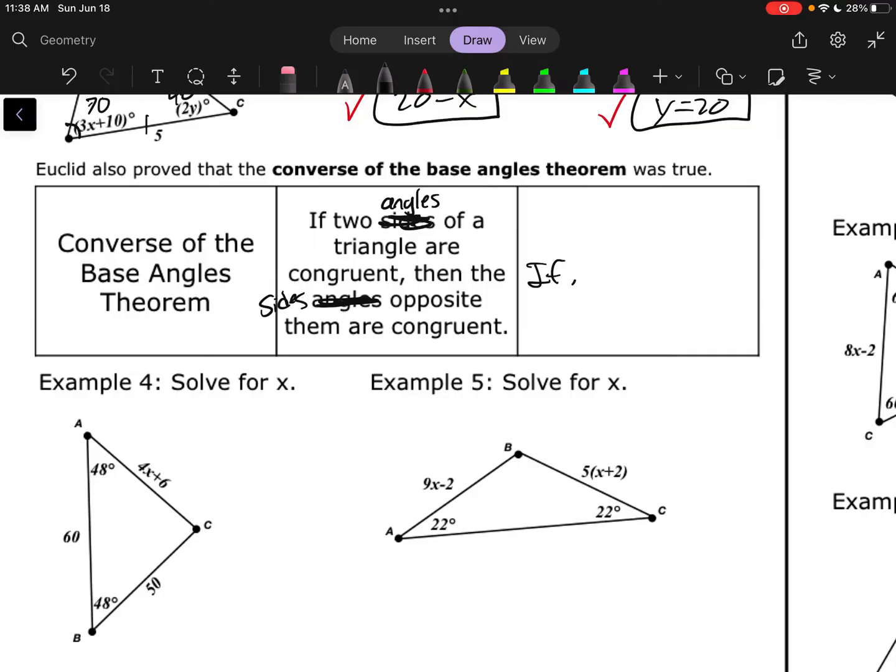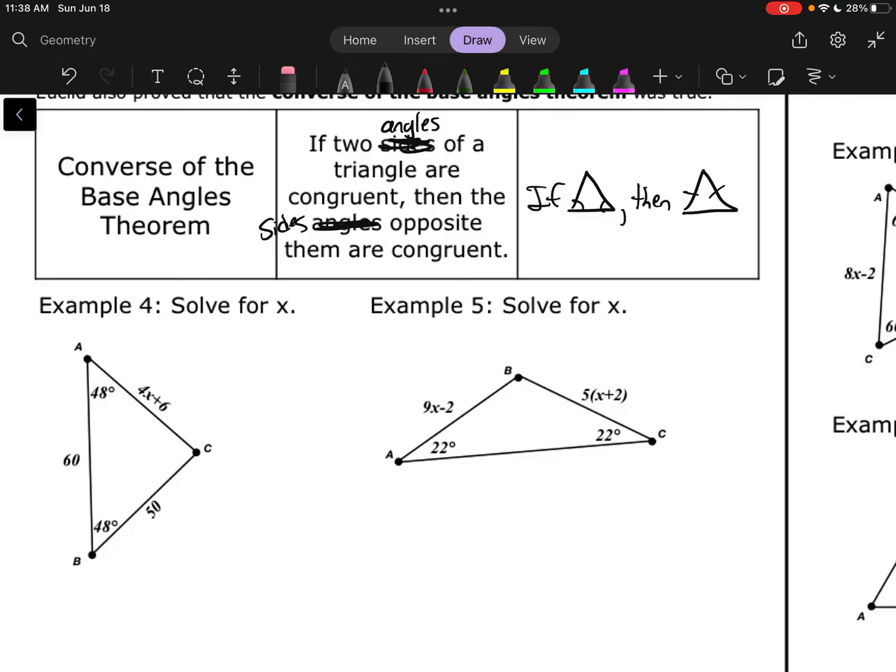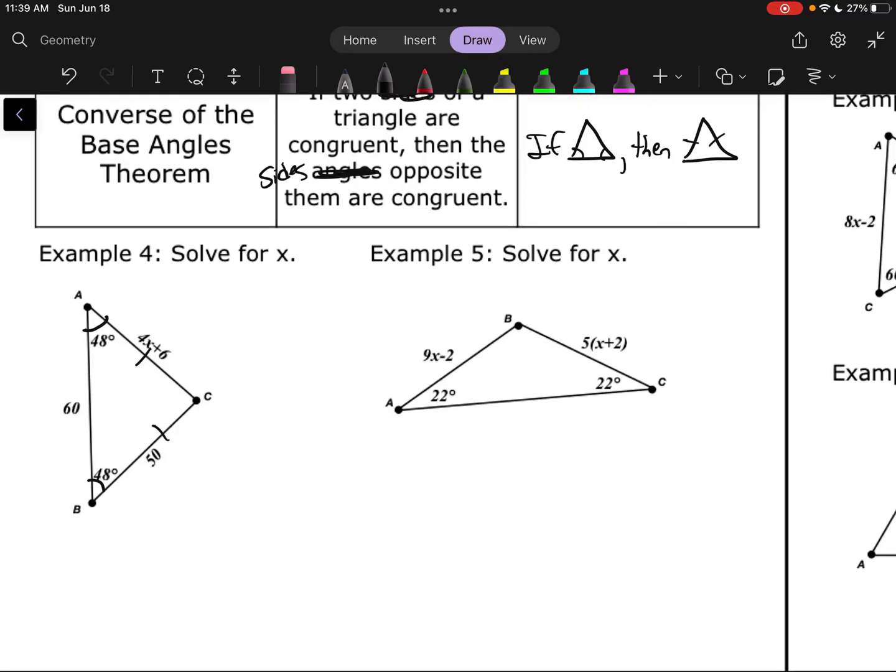That essentially says if the base angles are the same, then the sides are the same. Because remember, converse is where we flip things. We flip the hypothesis and conclusion. So that's going to let us solve some questions like this, where if we know that these angles are the same, that means that these sides must be the same.